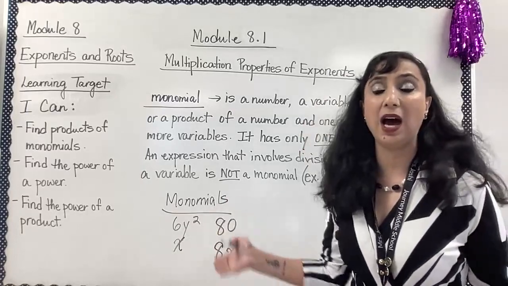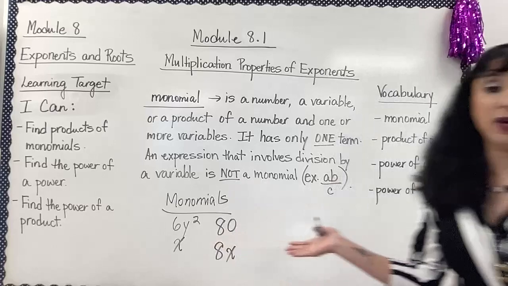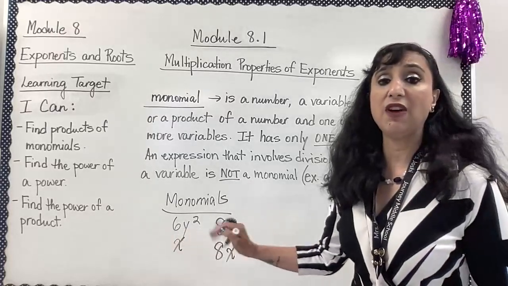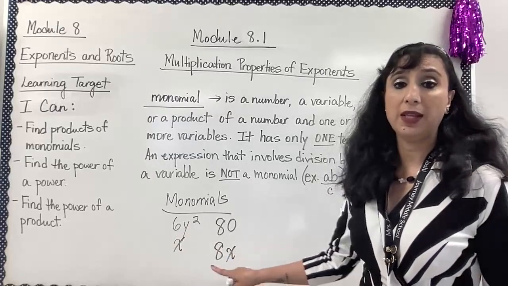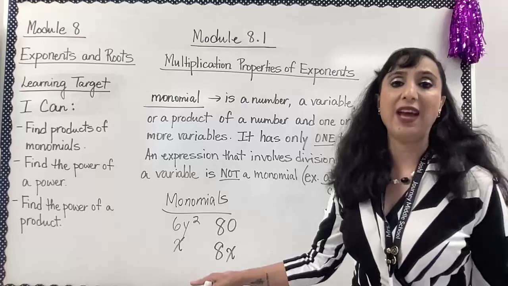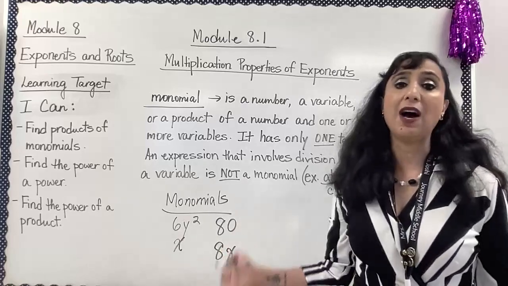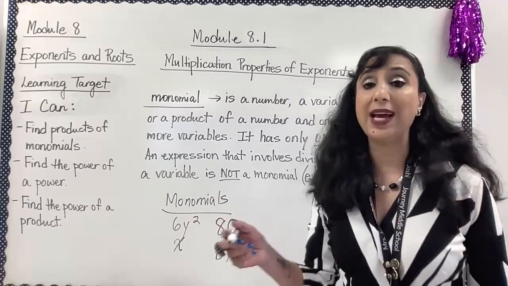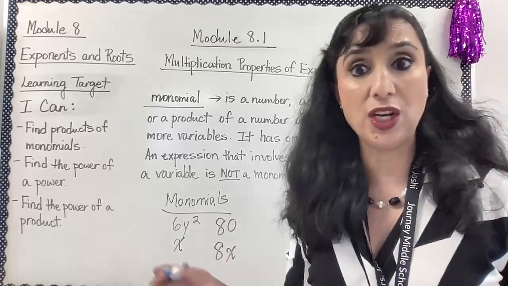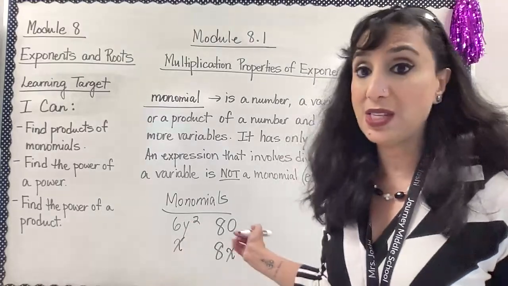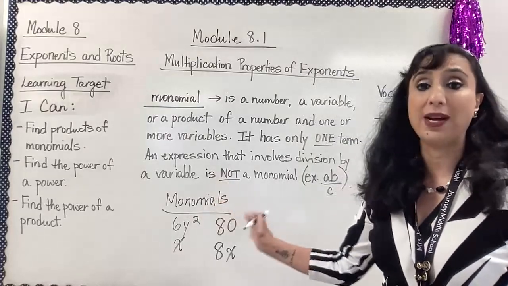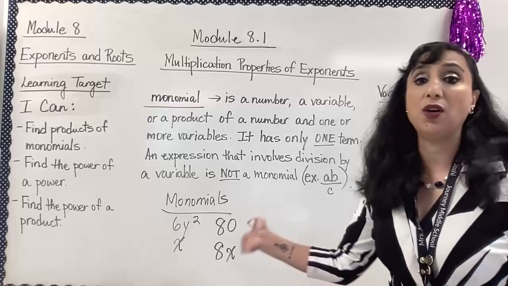You can see they are one term. Either you are multiplying a coefficient with a variable, or we just have x, or just 80. It's just one term. And you know that terms are separated by addition or subtraction. We don't see any addition or subtraction going on here, so that is why these are monomials.